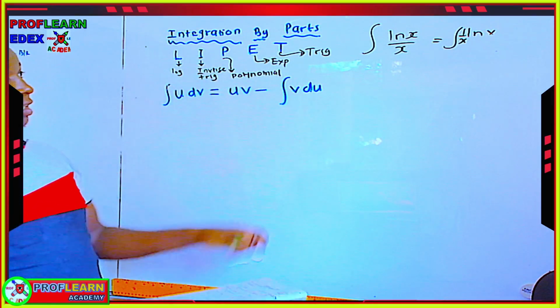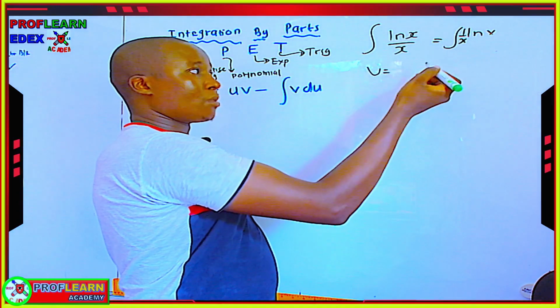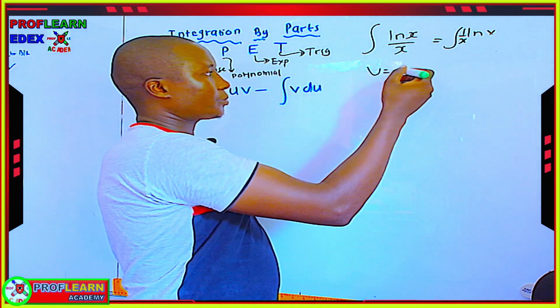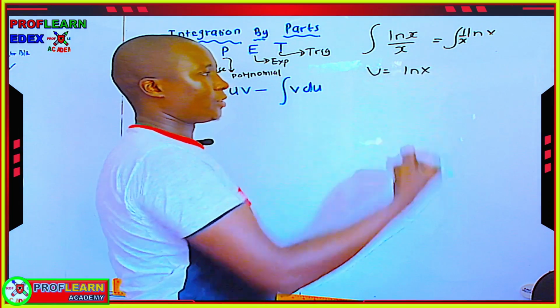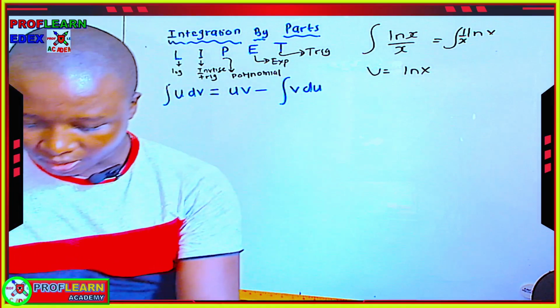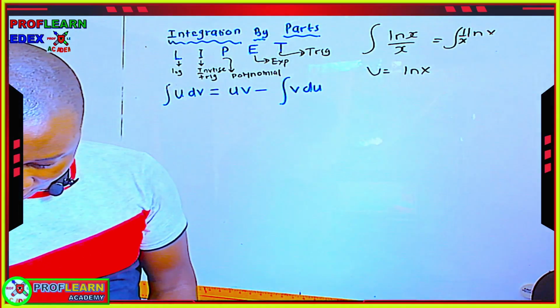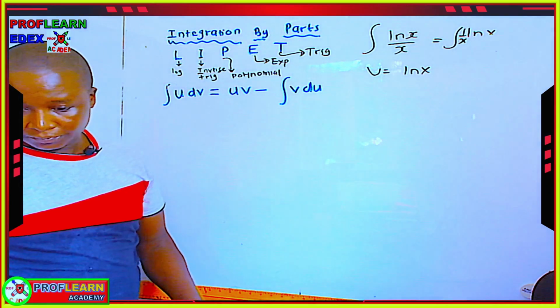Log comes first. So you are going to say that your u is equal to ln of x. So basically that's what we mean in order to learn this technique of integration by parts.